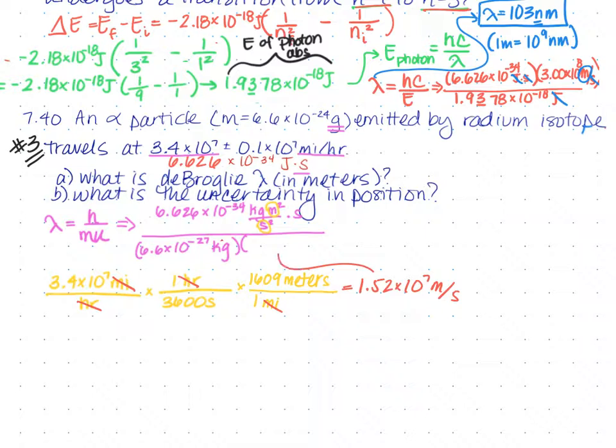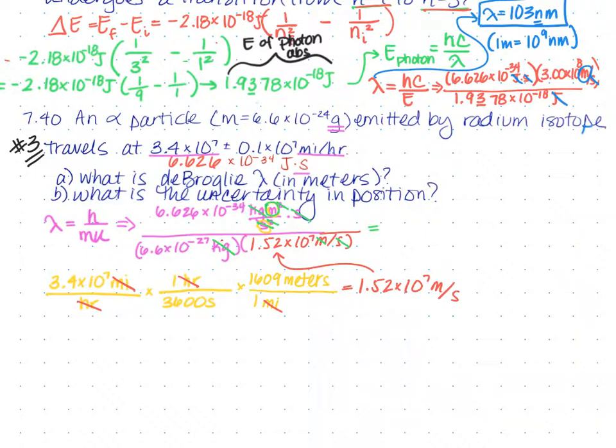So I'm going to plug that in here: 1.52 times 10 to the 7th meters per second. And then let's look at the units that cancel. Kilograms cancel. This second cancels out with that squared. Meters cancel out with this top squared meter. Seconds with seconds, so we're left with a meter by itself.